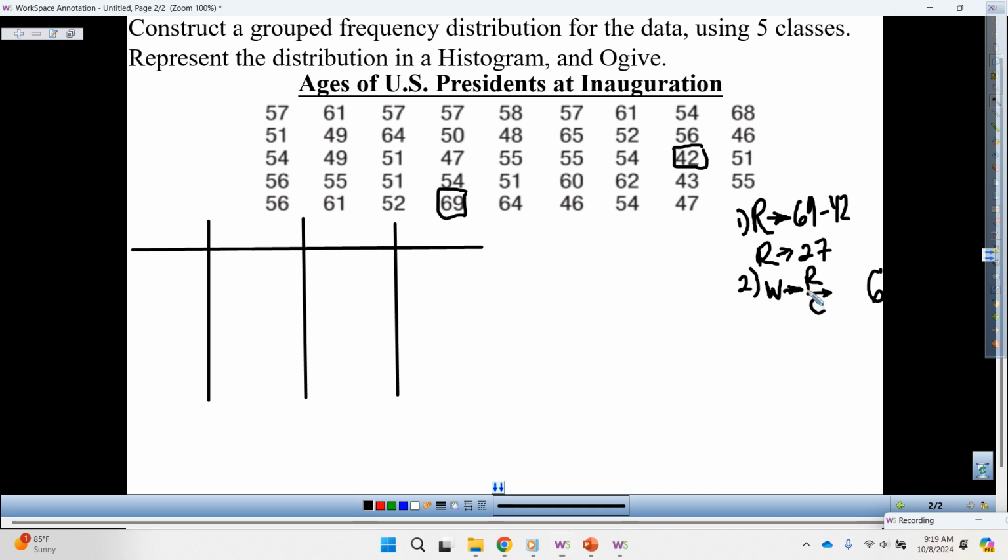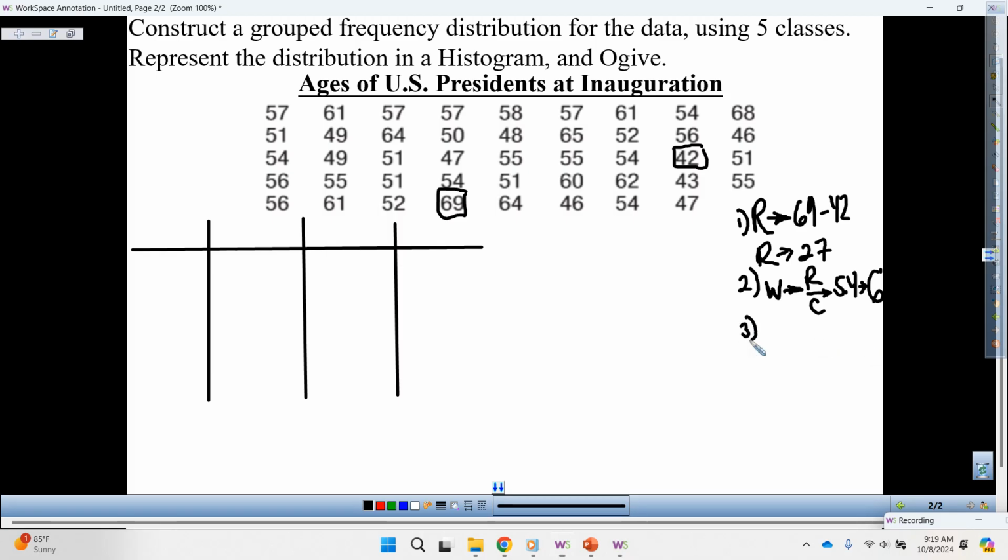Tell your neighbor why we got 6. Anytime we end up with a decimal, we always round up. That is correct. So you should have gotten 5.4, but since we round up, our width is 6. So let's go to step 3.